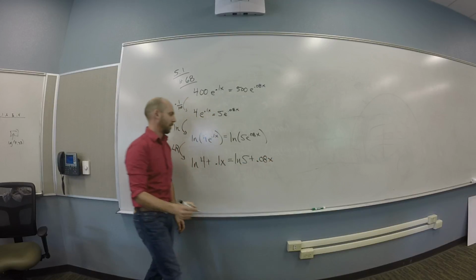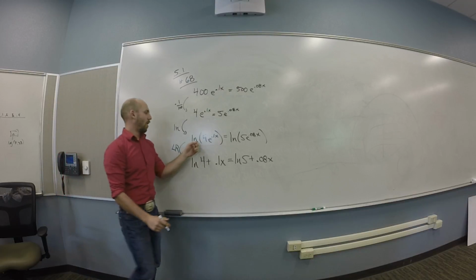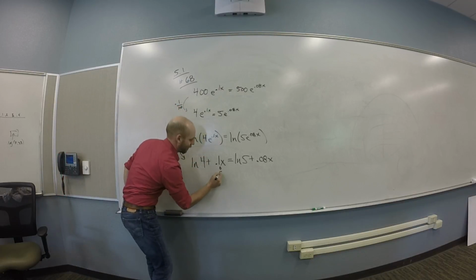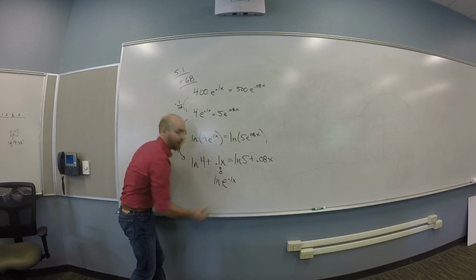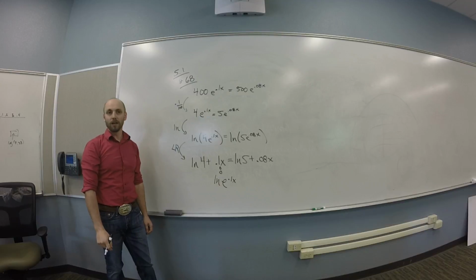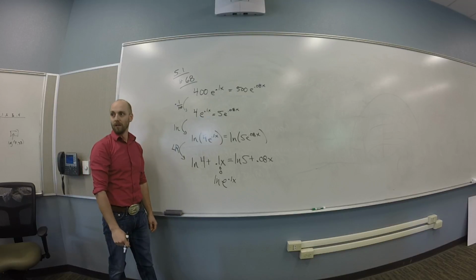This guy here is natural log of e to the 0.1x. And then log and e are inverse functions, so you get 0.1x out of it. And your answer's pretty much there.